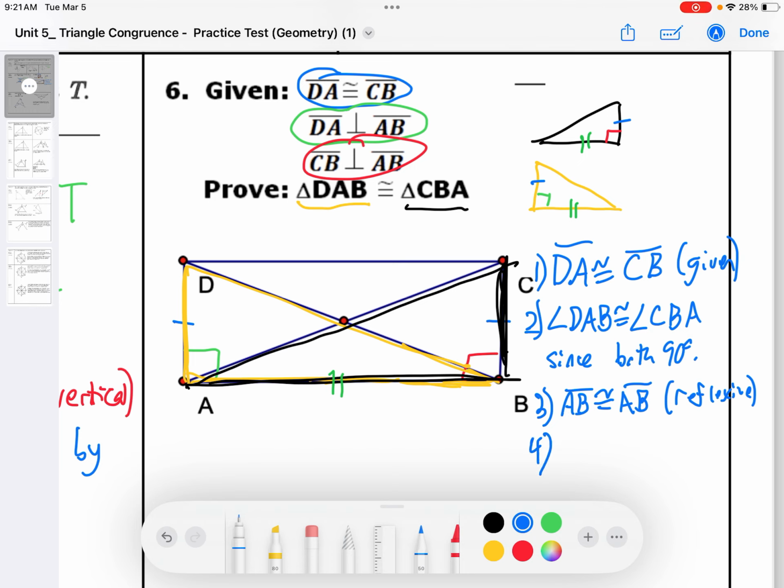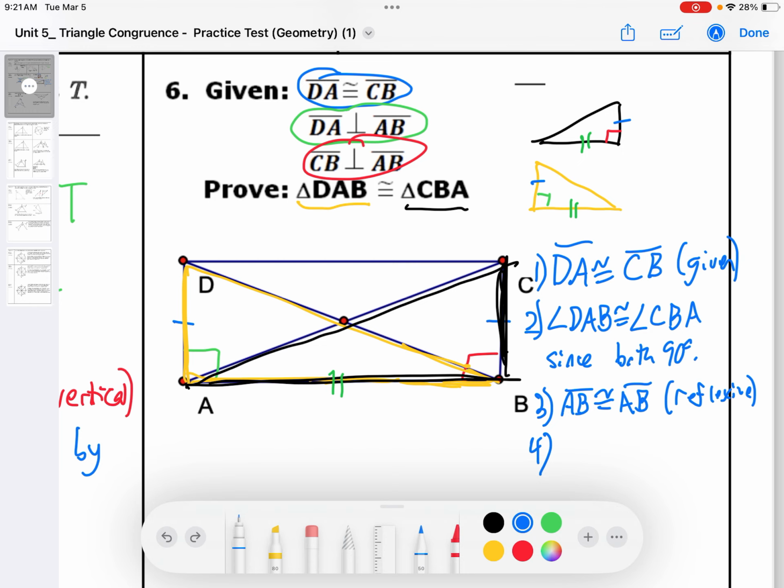So 4 is the conclusion. We're going to use the side, angle, side theorem. Again, remember what you're doing is you are just saying, are these two triangles congruent? Yes, they are. How do you know? Because I can prove the side, the angle, and the side are congruent to the side, the angle, and the side, respectively.